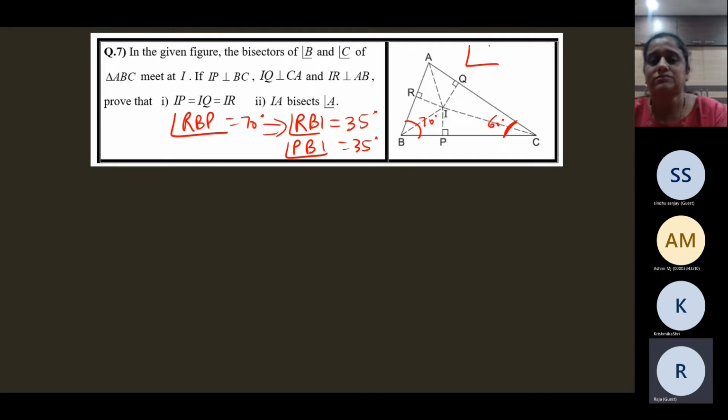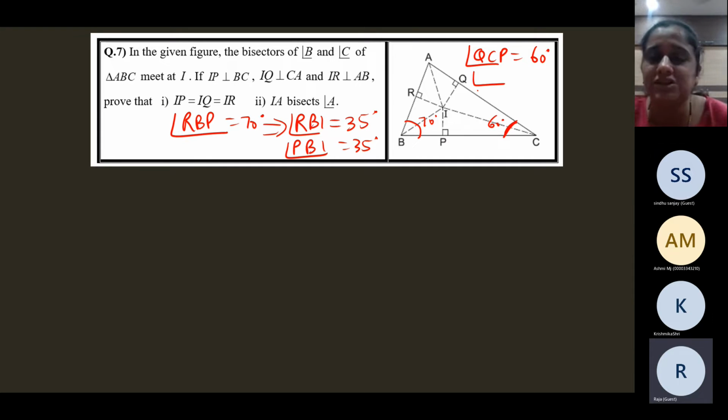Angle C, ma'am. 3 letters. ACB. ACB is correct. Or you can also say QCP is 60 degrees. So which are the two equal parts?